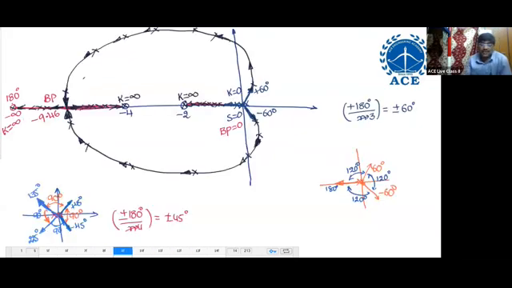Next rule. So this is about the breakpoints. Next, 7th rule: intersection point with imaginary axis.